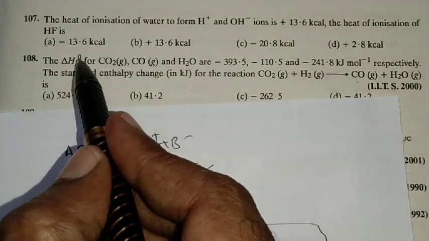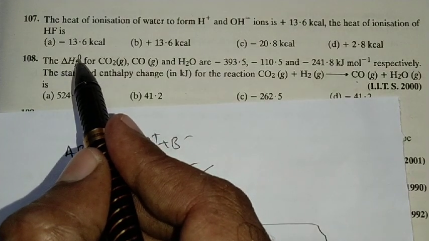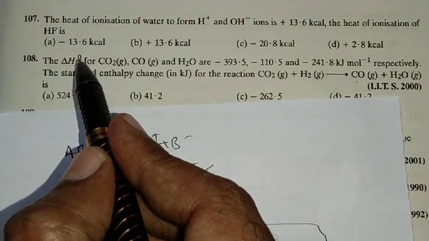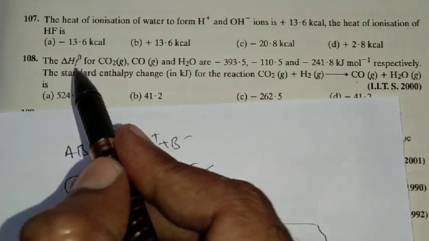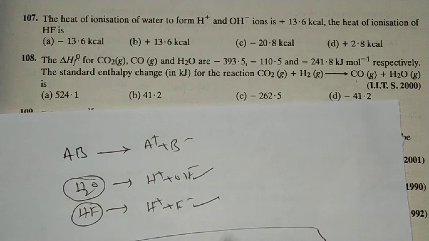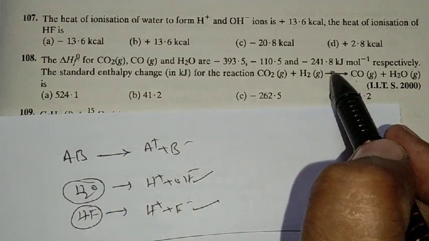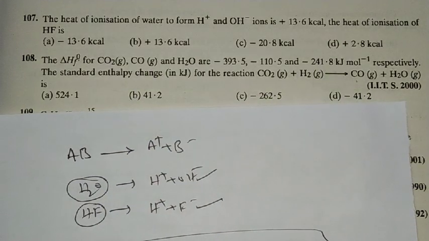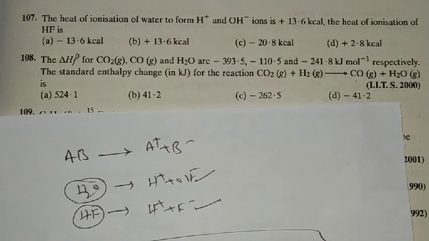Now observe here, the formation values are already given. Delta HF is nothing but the standard condition; if it were not given, it could be any condition. So the standard values are already given. We require CO. CO value, how much is it? Minus 110.5, plus H2O value, how much is it?